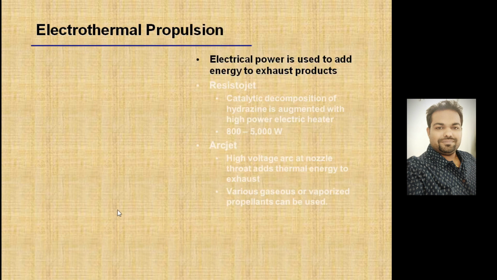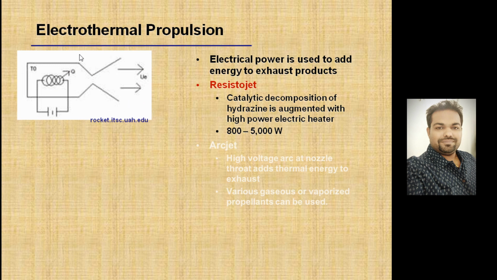If we go for electrothermal, here electrical power is used to add energy to the exhaust products. This is the simplest form of electrothermal rocket. We have this coil, called a resistor, through which current flows, and with the help of this current your hydrogen, the fuel, will be decomposed, generating high-temperature gases which expel through this nozzle to generate the thrust.